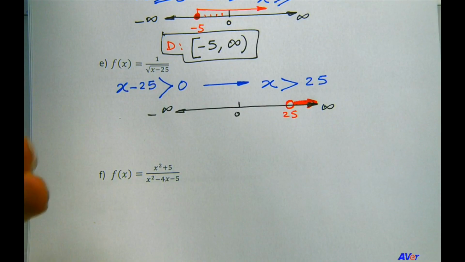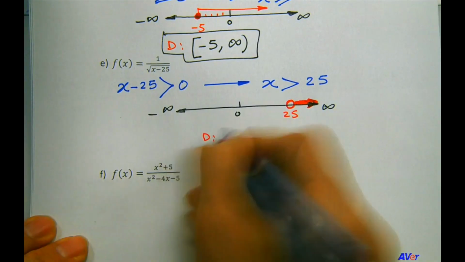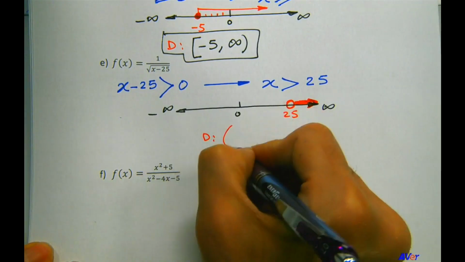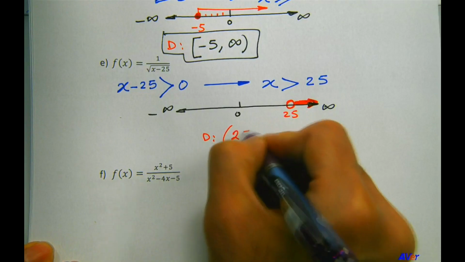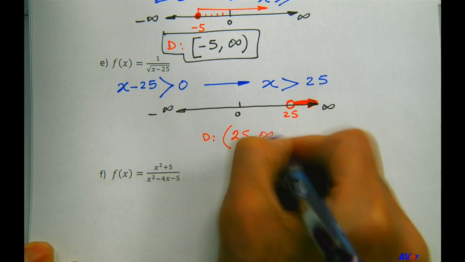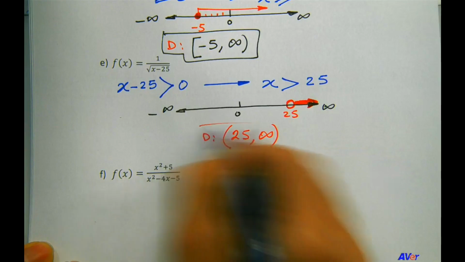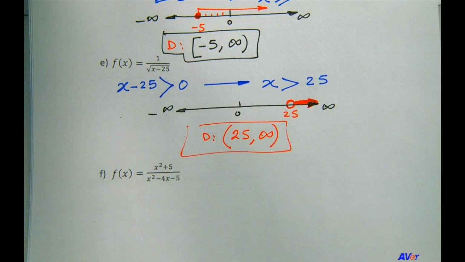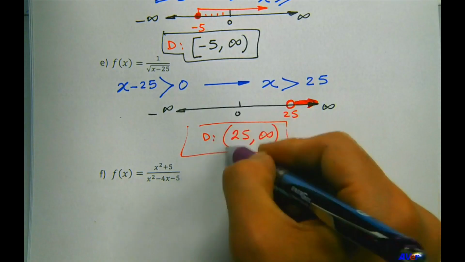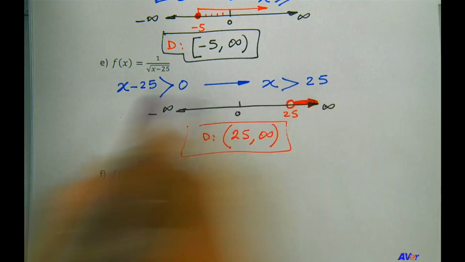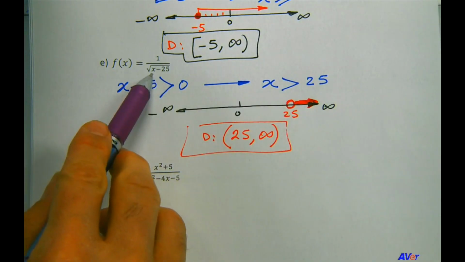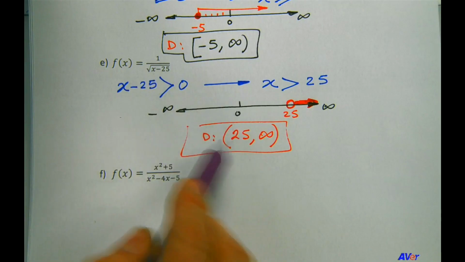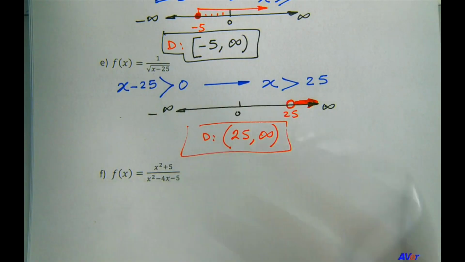So let's write that down. Domain is parenthesis 25, comma, infinity, parenthesis. So the infinity side always gets the parenthesis because we can never reach that far. 25 gets the parenthesis because it will make the denominator 0. So we put a parenthesis to exclude it from the domain.